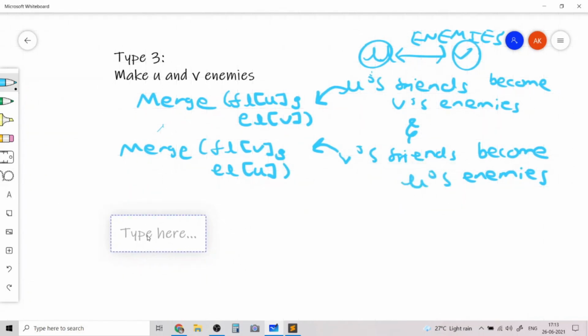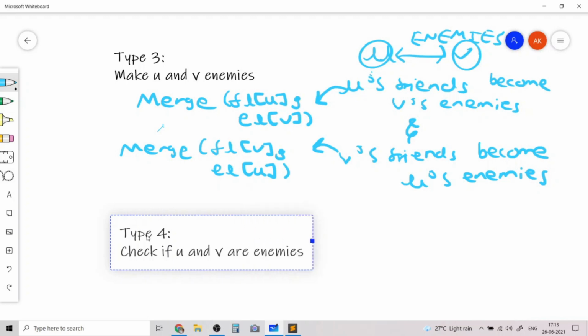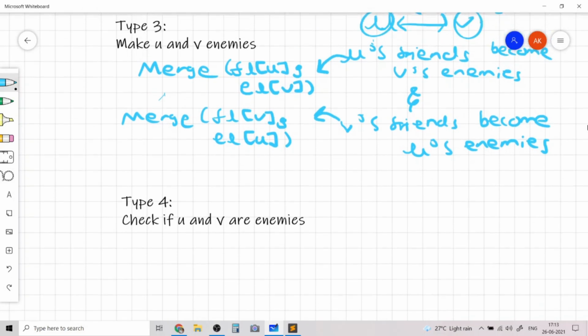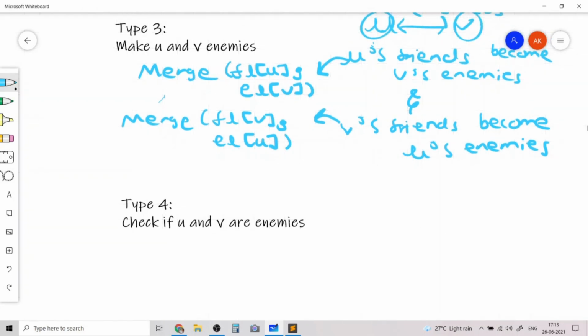However, the type 4 operation, which is checking if U and V are enemies, is not as easy as the type 2 operation, because we need to check for two conditions, either of two conditions.